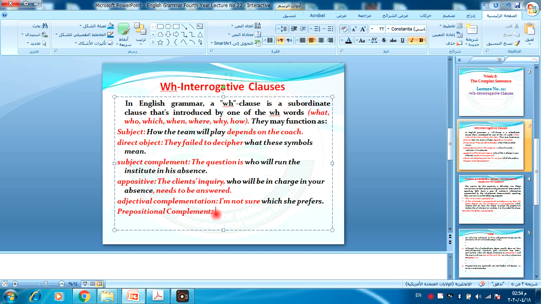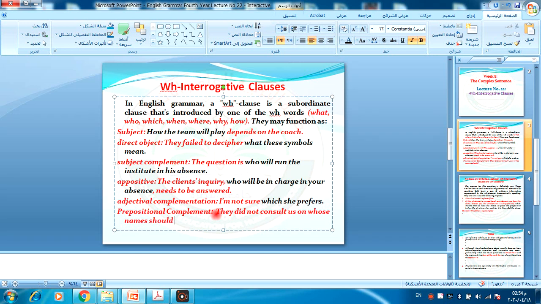Prepositional complement, like they did not consult us on whose names should be put forward.